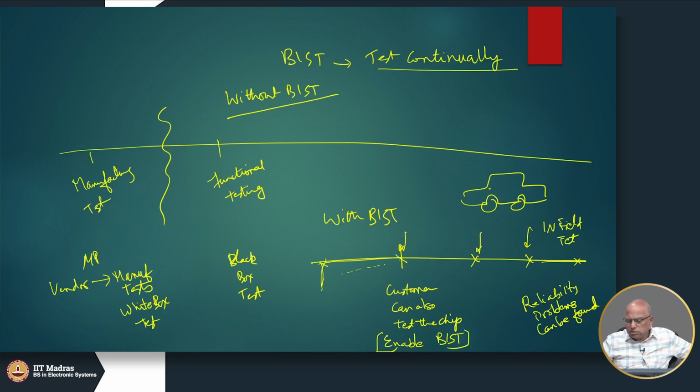What is the advantage? If the chip has failed because of some reliability issues, remember the cars operate in very harsh environments. Similarly, robots. Okay, so there may be a robot. I have drawn a robot like this, but it could be an industrial robot.